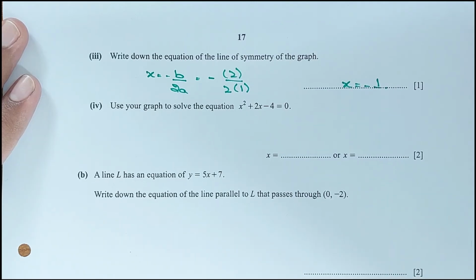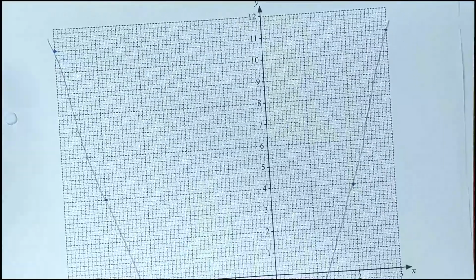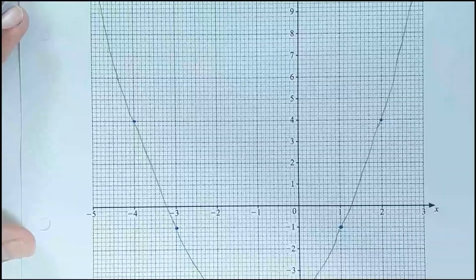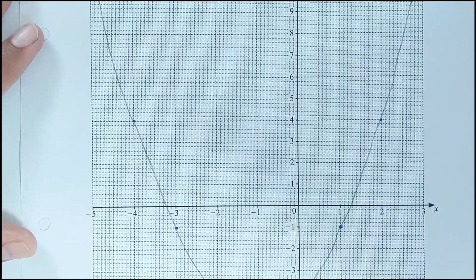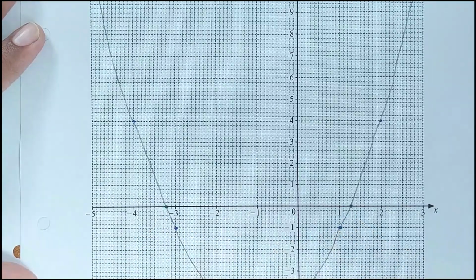Now for part 4, use your graph to solve the equation x squared plus 2x minus 4 equals 0. So when y equals 0, at what point? We have to solve for x. It is 0 at this point and at this point, right?